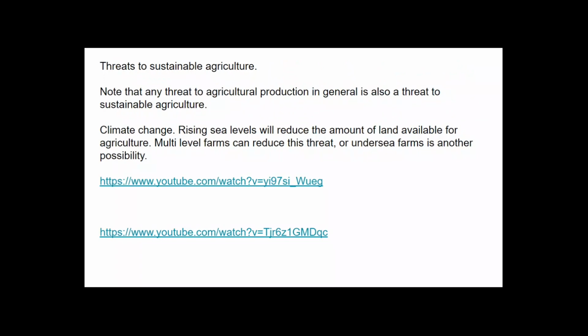Then threats to sustainable agriculture. Know that any threat to agricultural production is also a threat to sustainable agriculture. So climate change. Rising sea levels will reduce the amount of land available for agriculture. Multi-level farms can reduce this threat, or undersea farms is another possibility.